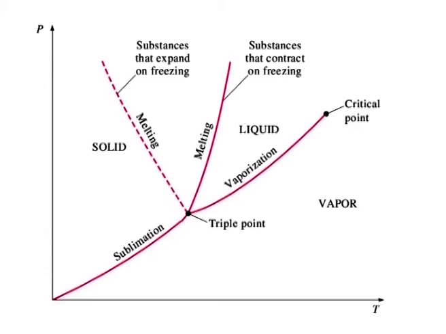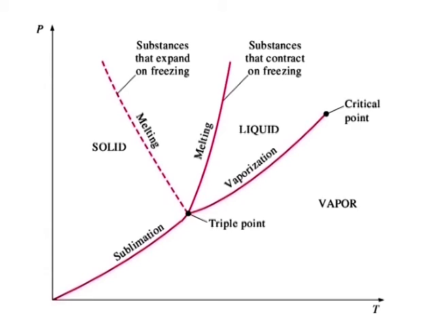The vaporization line separates the liquid and vapor regions, and the melting or fusion line separates the solid and liquid regions. These three lines meet at the triple point where all three phases coexist in equilibrium. The vaporization line ends at the critical point because no distinction can be made between liquid and vapor phases above the critical point.